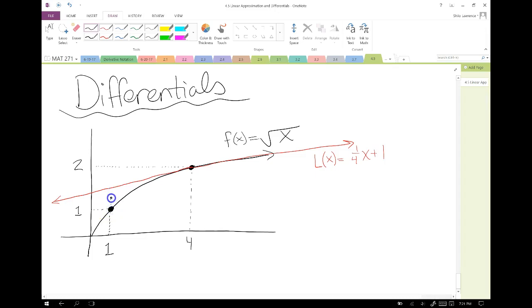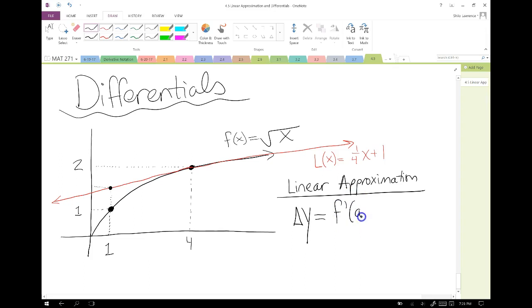But if you look, it's a very different point on our tangent line with our linear approximation. We'd get something completely different. So the y value on the line is very different than the y value that we get from our graph. We said just a second ago, when we use our linear approximation, the change in the y value is equal to f prime of a times the change in the x value.